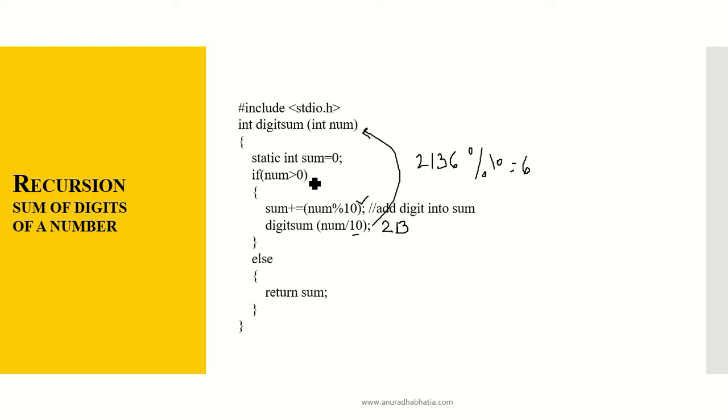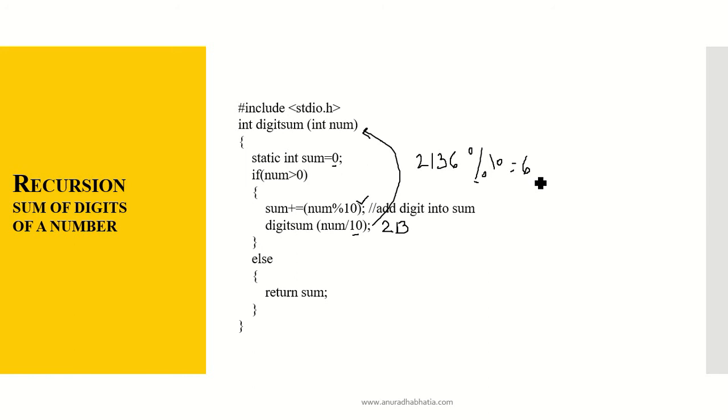Now with the 213, we again enter. We say num is greater than 0. Yes, num is greater than 0. So what happens? We can declare this variable on top because this is static. So when it is changed inside, this will not be reset once the value is changing inside. So when I say 213, again we have the remainder.